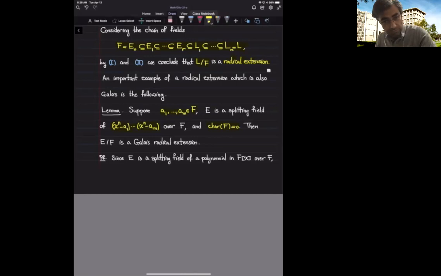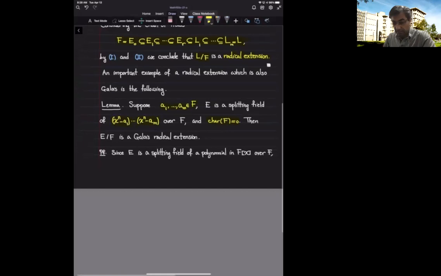This is clearly a polynomial inside F, and I consider the splitting field E of this polynomial over the base field F. It is automatically a Galois extension because it's the splitting field of a separable polynomial. Over a characteristic 0 field, every polynomial is separable, so I'm getting that E is for sure a Galois extension.